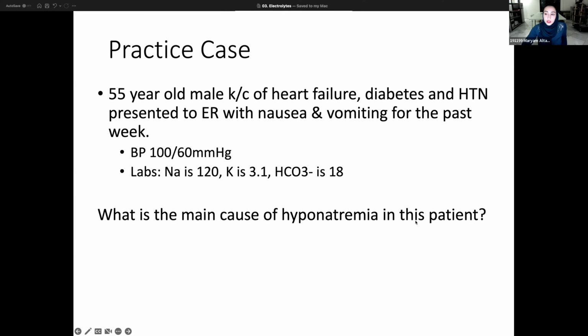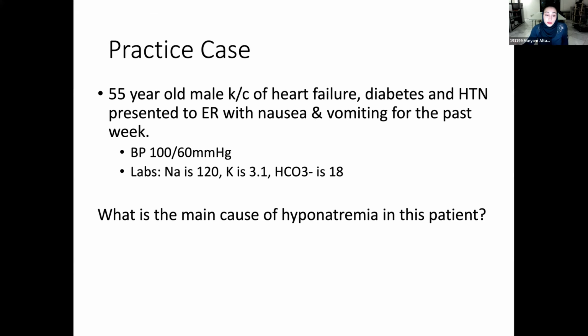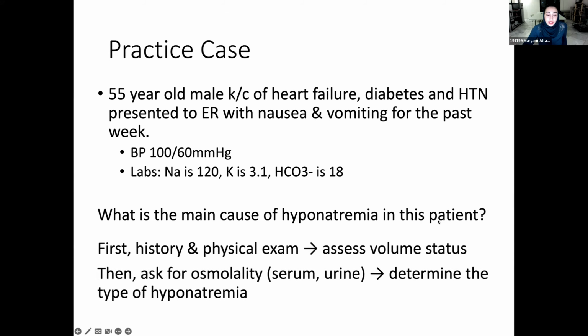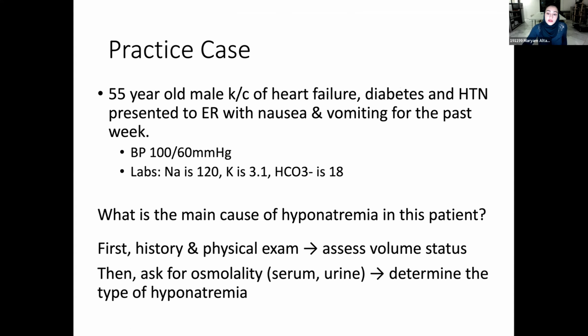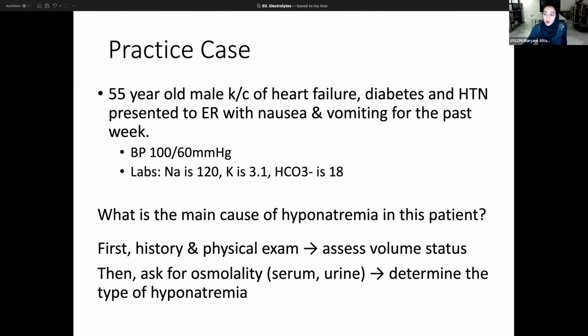First and foremost, and you guys take this as a rule, especially because you're going into the hospital next year, inshallah, or next semester. I'm very happy for you. So first, history and physical, very important. You need to assess the volume status of the patient. If, for example, he has heart failure and I tell you, oh, he has lung crackles and peripheral edema, he's in a very fluid congested state, then that can give you immediately a clue, okay, that's probably the cause of his hyponatremia, right?